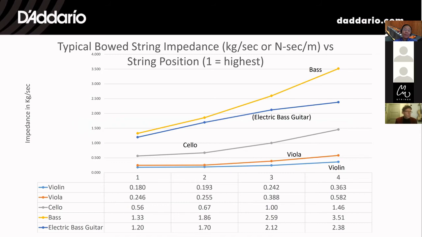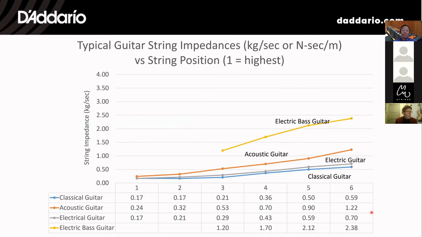Because for the bass, you can see that the string impedance increases dramatically as you go lower. And for plucked instruments, you see the same trend.